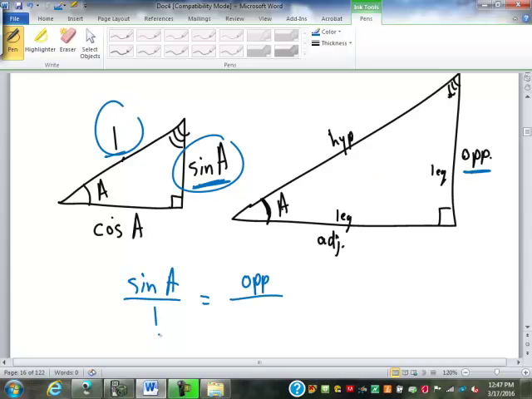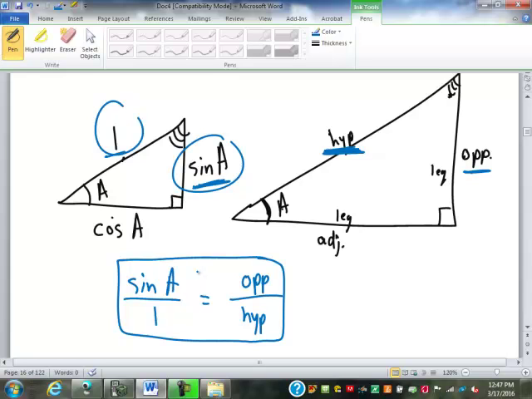And then I put the 1 in here. What side on the other triangle corresponds to the 1? Well, the hypotenuse. Sine of A over 1 is equal to the length of the opposite side over the hypotenuse. In other words, the sine of angle A is equal to the length of the opposite side divided by the length of the hypotenuse. Many of you probably already knew that definition of sine.